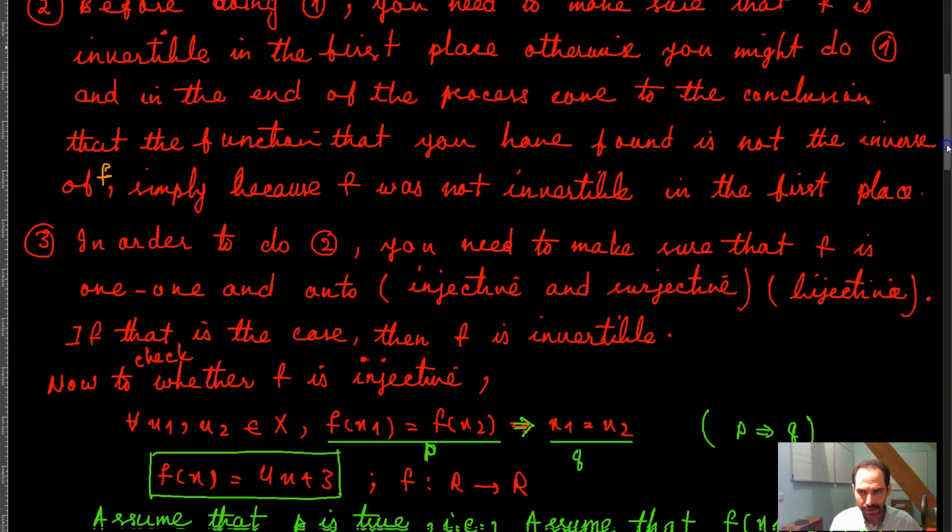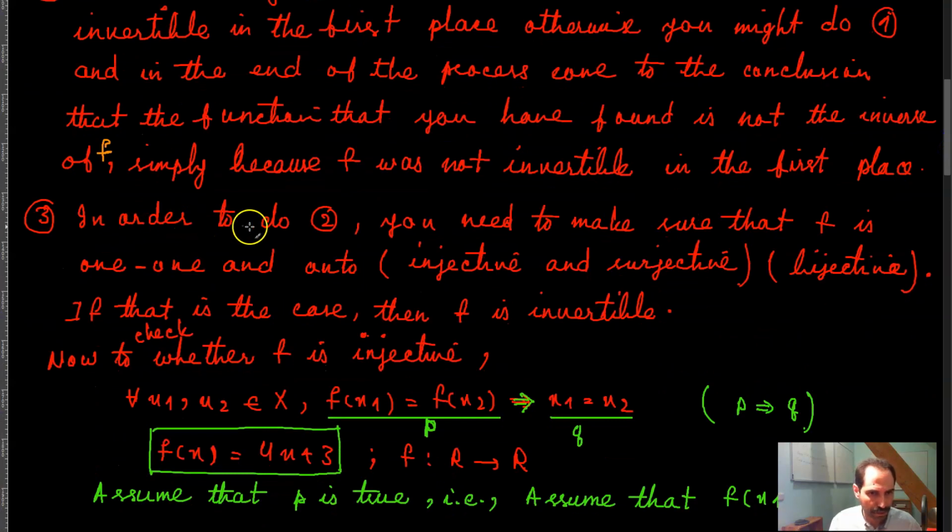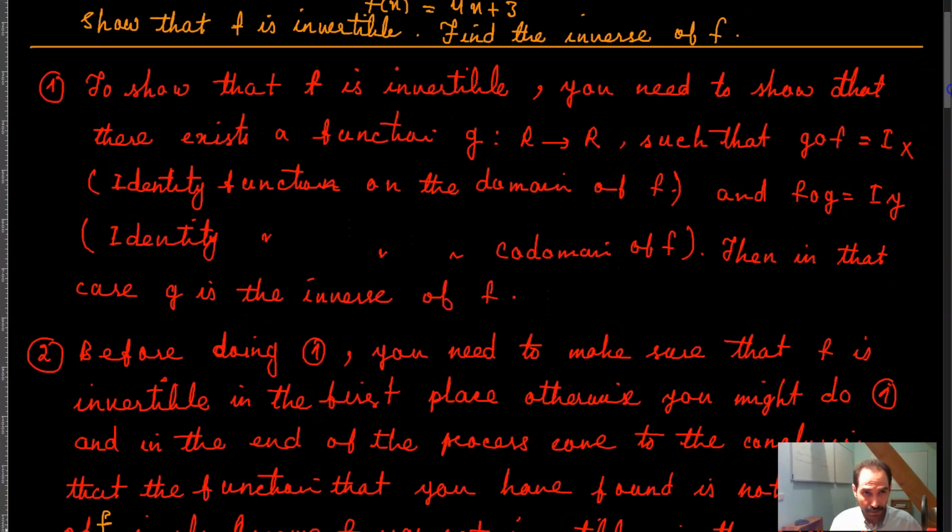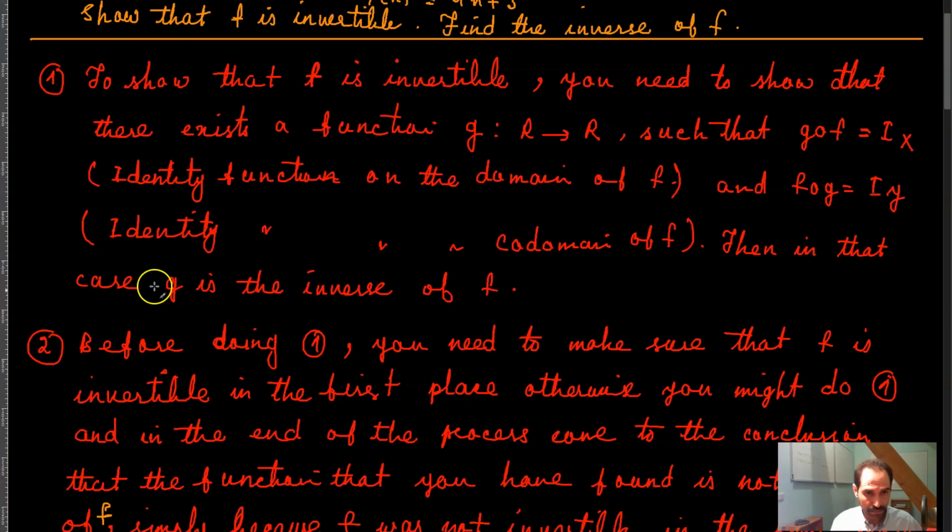And then we said that number 3, in order to do 2, you need to make sure that f is 1-1 and onto, which we already did. So now we need to go back to 1 and do step number 1.